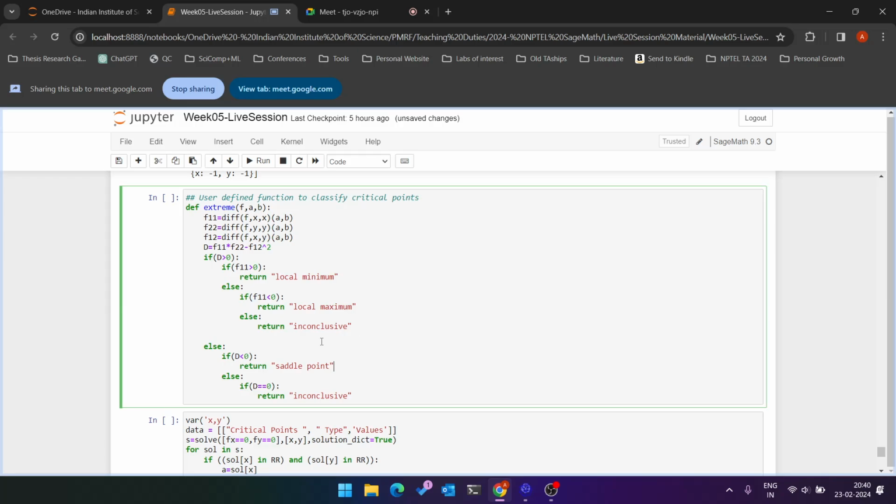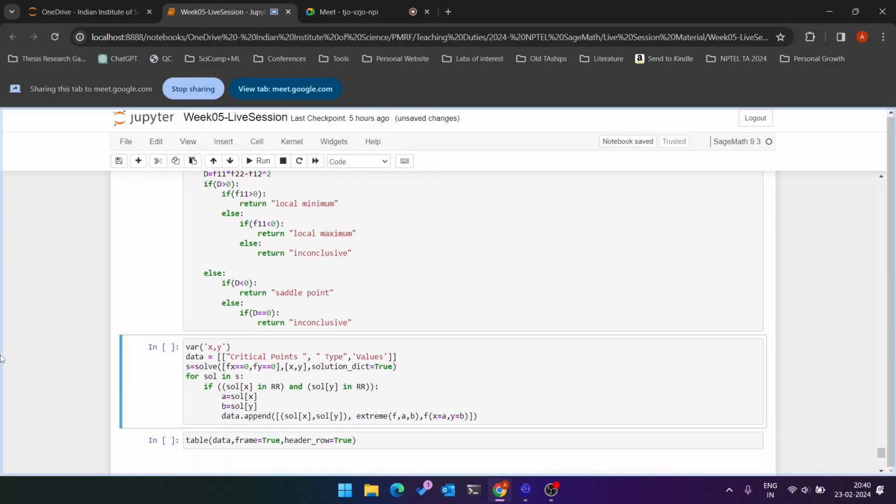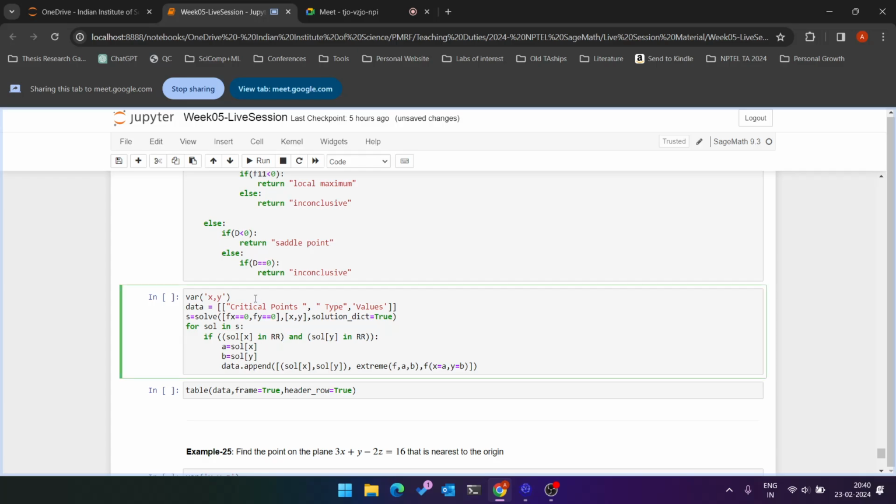I basically run this function, and now I calculate.